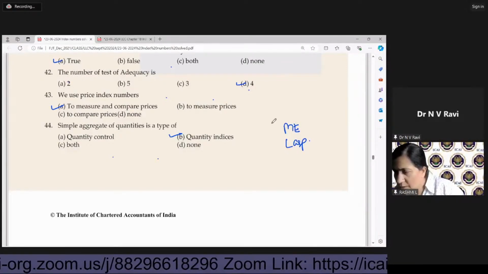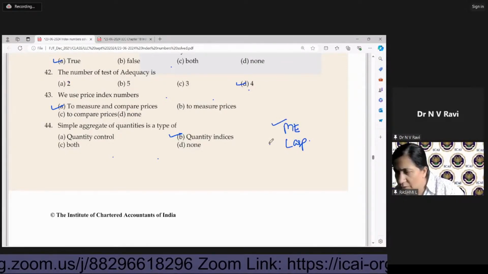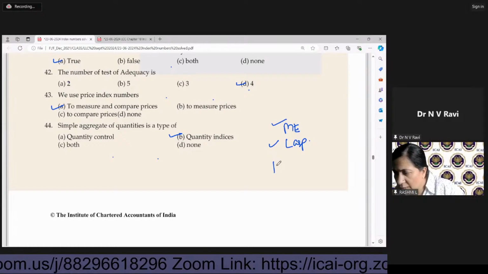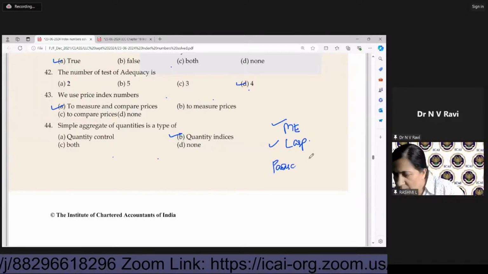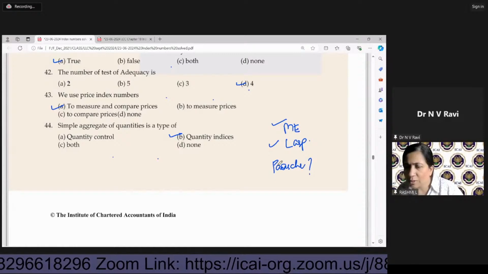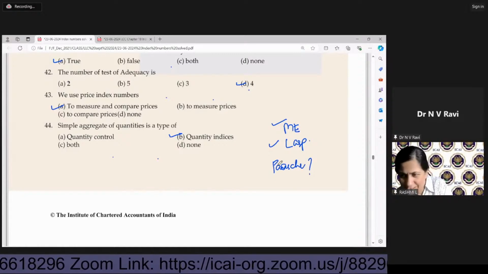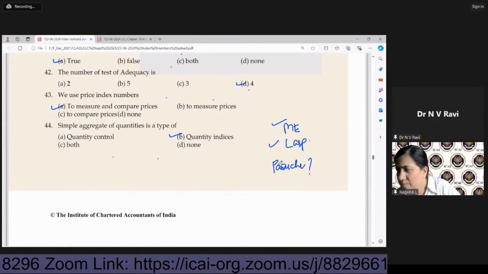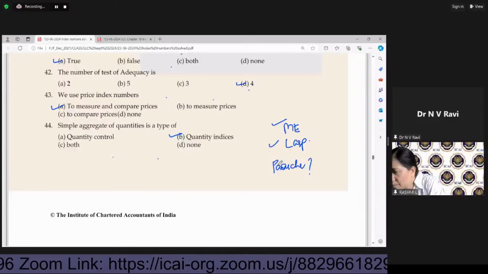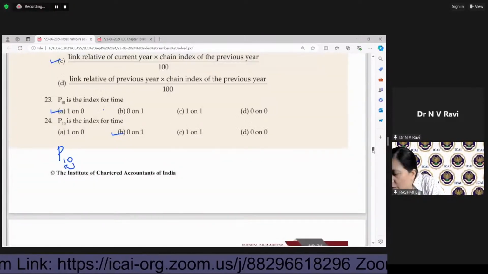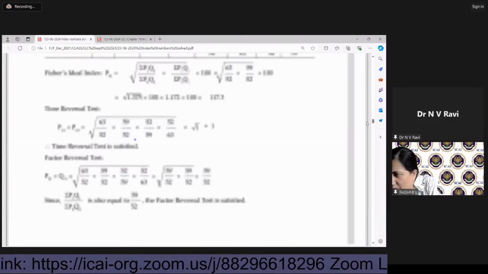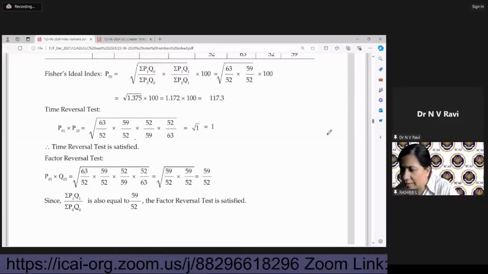So sir is asking, Marshall-Edgeworth is given, Laspeyres is given. Can you calculate Paasche? Yes, students, please answer. You should try to attempt the answer just now, so that sir will guide you.